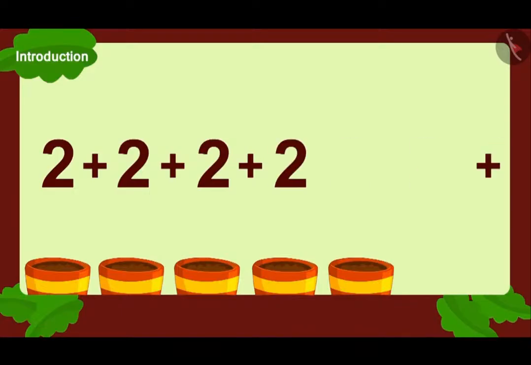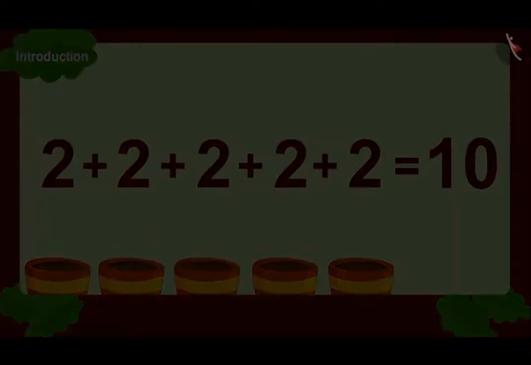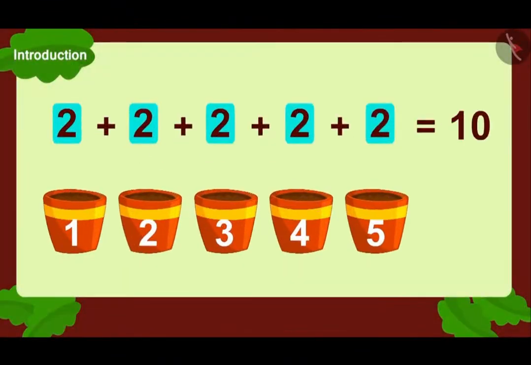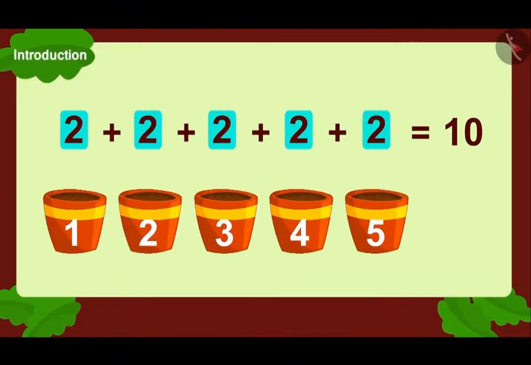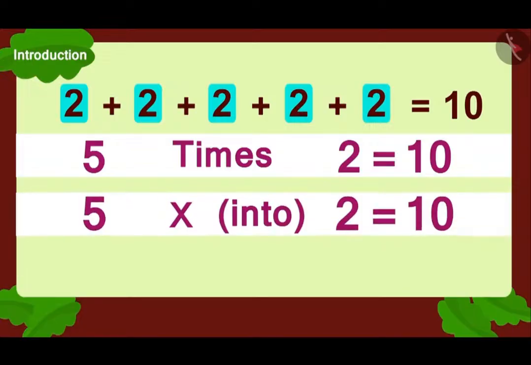And finally, 1 more. How many seeds do we get? 10 seeds. Each pot has 2 seeds, and there are 5 such pots. We can write it as 5 times 2, or 5 multiplied with 2.